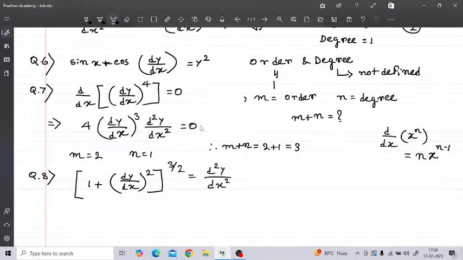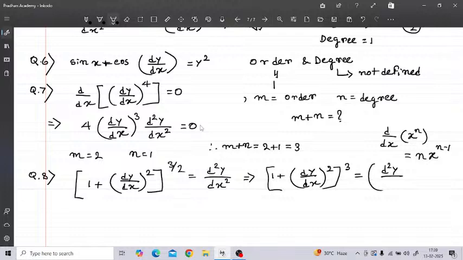We will do it by squaring both sides. After squaring both sides, I will get (1 + (dy/dx)^2)^3 equals (d2y/dx2)^2. So here the order is 2 as the highest order derivative is 2, and the power of the highest order derivative is also 2, so our degree is defined as 2.